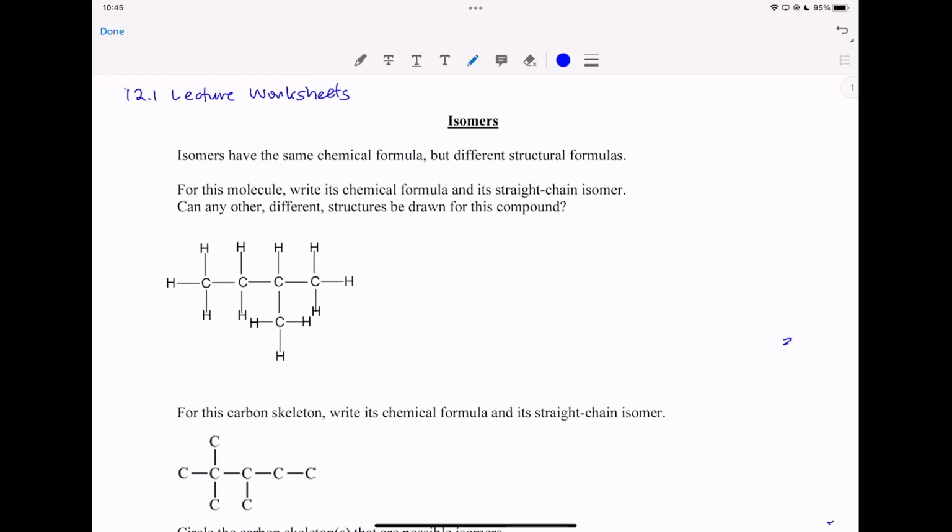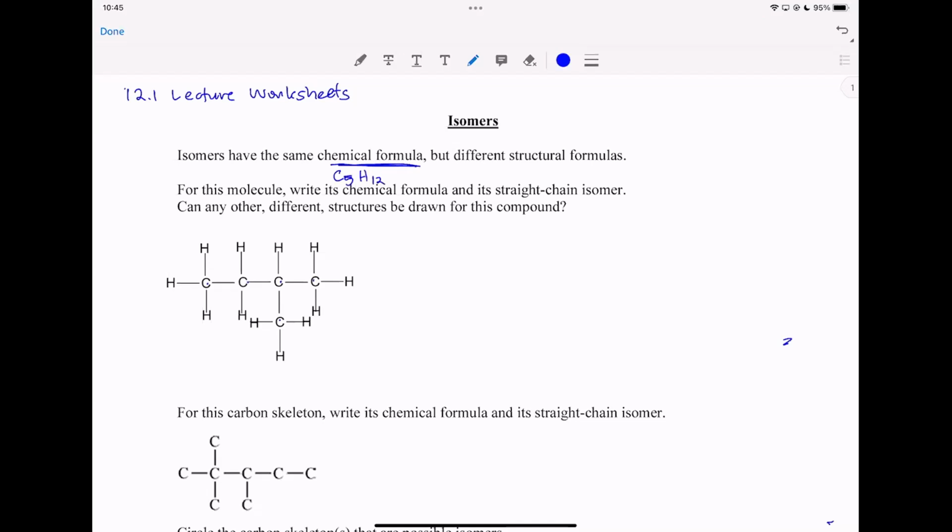And what you have right here is talking about some different isomers that have the same chemical formula. So the chemical formula shows what atoms and how many. So for instance, this chemical formula here, this is 1, 2, 3, 4, 5 carbons and 12 hydrogens. So that's all carbons with all single bonds.